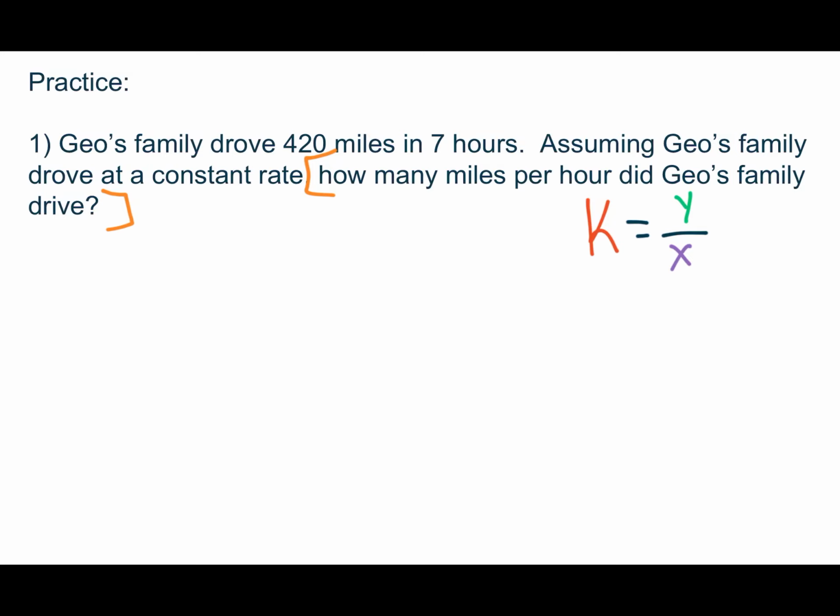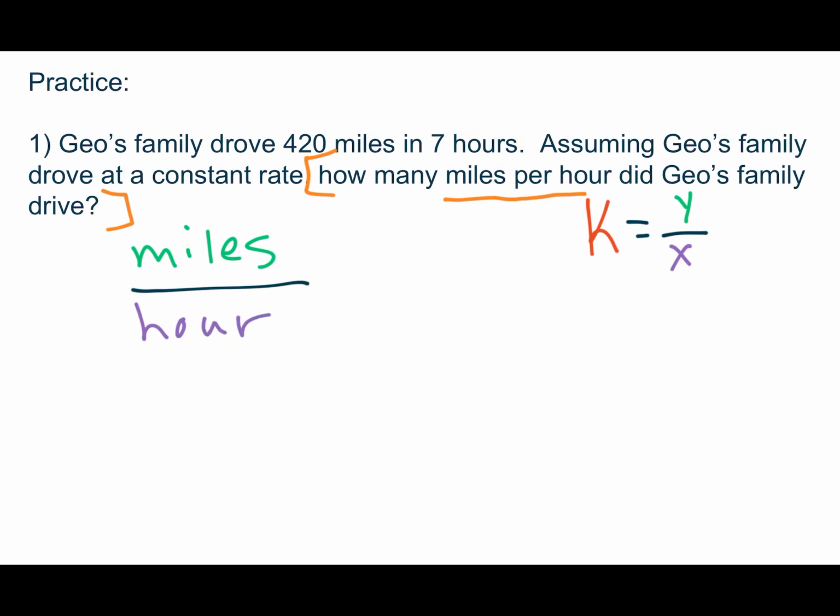So if we go back through and reread our question, we're looking for how many miles per hour. So miles is going to go in my numerator. Per hour is going to go in my denominator.